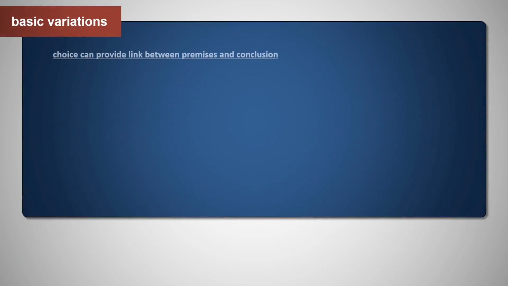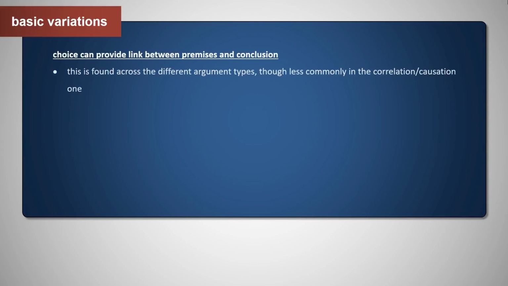In terms of the basic variations, a choice can provide a link between the premises and conclusion. This is found across the different argument types, although it's a bit less common in the correlation-causation one. This is the one where there's a gap, and it's actually very similar to the sufficient assumption question type. It's almost identical, and sometimes an assumption could be both sufficient and necessary.